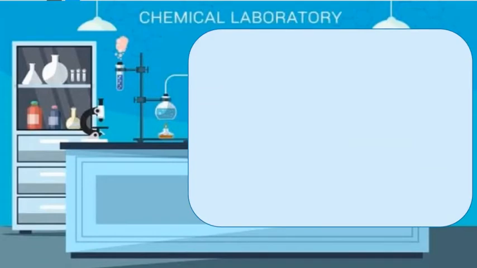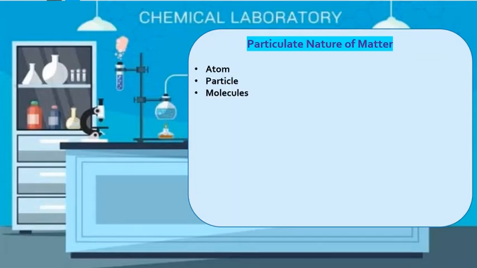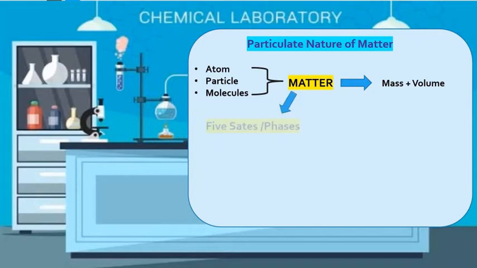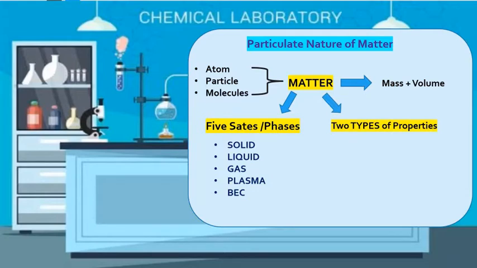Alright, so now we're back and let's go ahead and check your answers. We have discussed previously about the particulate nature of matter, and we talked about atoms, particles, and molecules, which comprise matter. Matter has mass and volume, and it has 5 states or phases, which are solid, liquid, gas, plasma, and the BEC or Bose-Einstein condensate.